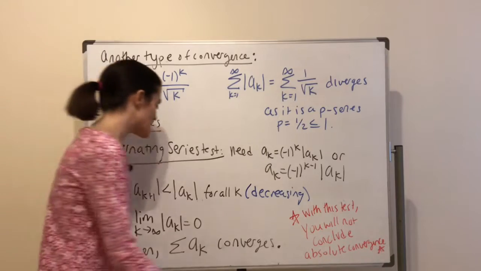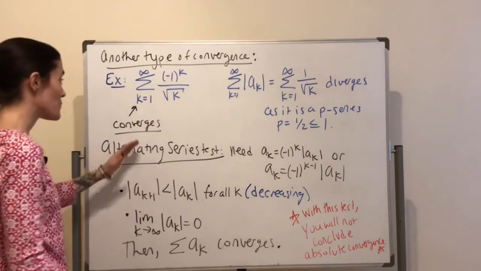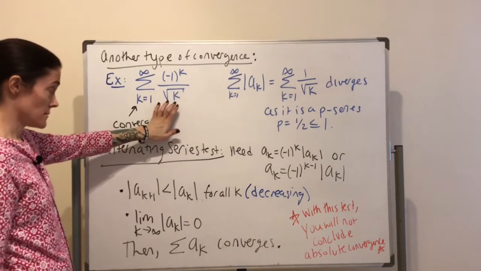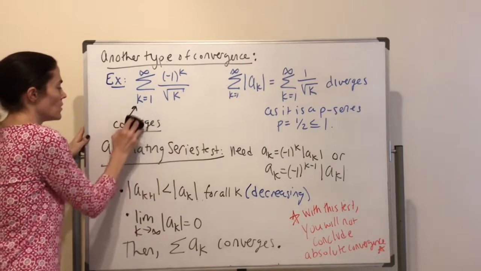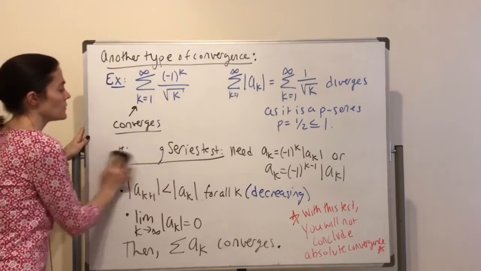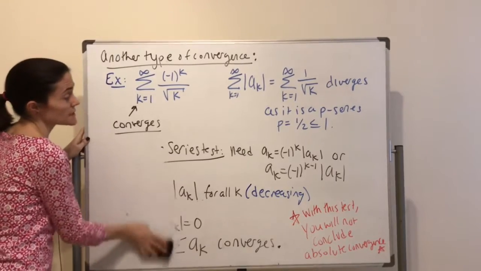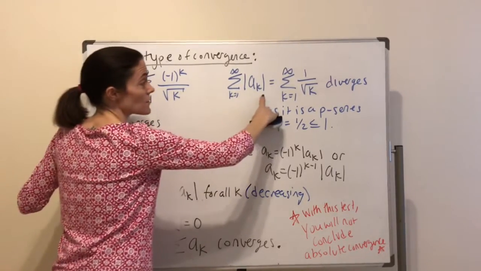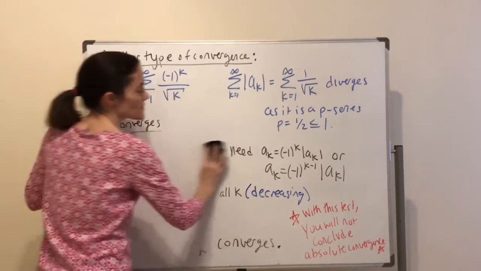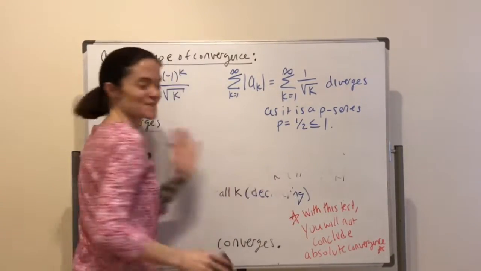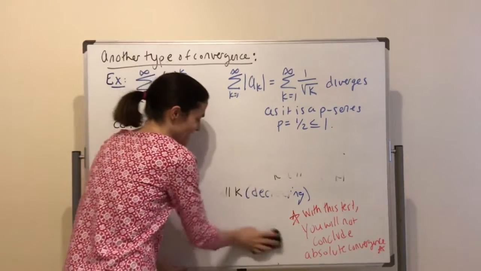Okay, so I'm going to have to erase. Let's use this test on this series, and then I will mention what type of convergence this is called, where the absolute value diverges, but the series itself converges. Well, I've told you this case, we will see it now with the alternating series test.